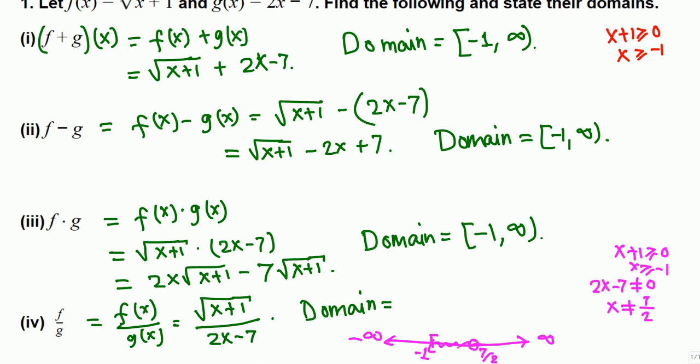So -1 through 7/2 and 7/2 all the way to infinity. All real numbers bigger than or equal to -1 except 7/2. Okay, that's the domain. So we write in this way: -1 to 7/2 with a parenthesis, so this is not included, union 7/2 through infinity, final.